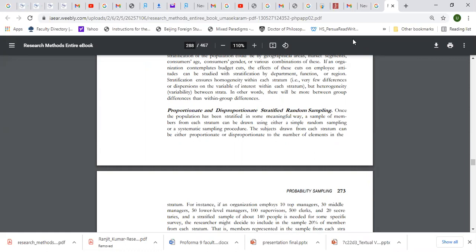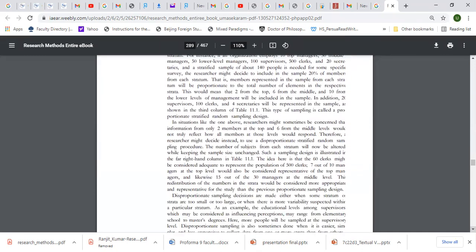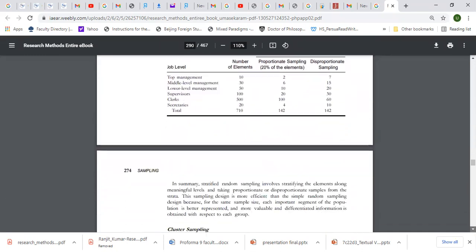You can either go for simple random sampling, that is randomly select some students from engineering, some students from other groups. Or within stratified random sampling, you can go for systematic sampling, where every third student or every fourth student or every 10th student you take. So these are the two methods in which you can further select the sample.